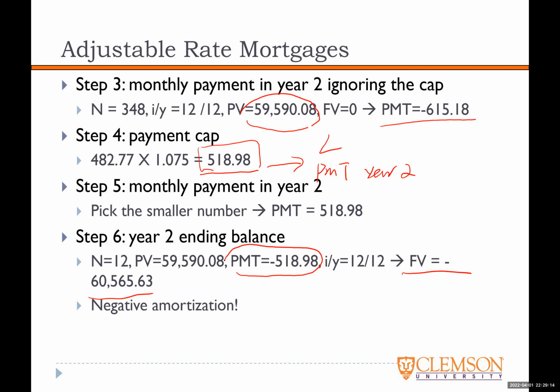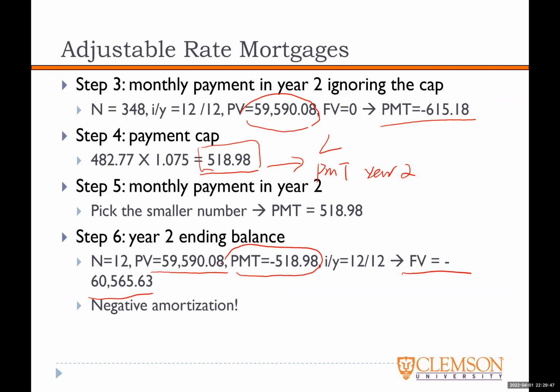You know the loan amount at the beginning of year 2 is $59,590. The interest rate in year 2 is not affected by the cap, so it's still 12% per year, which is 1% per month. We calculate the future value. The future value is $60,565.63.